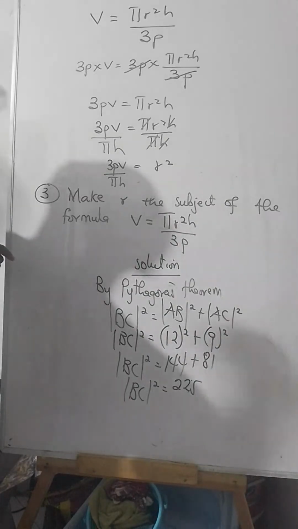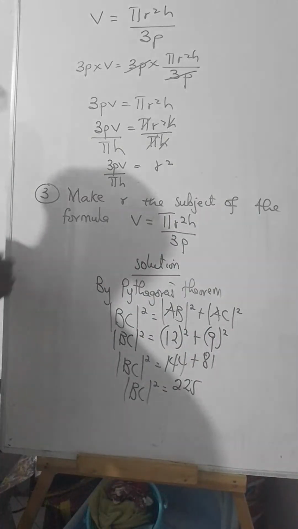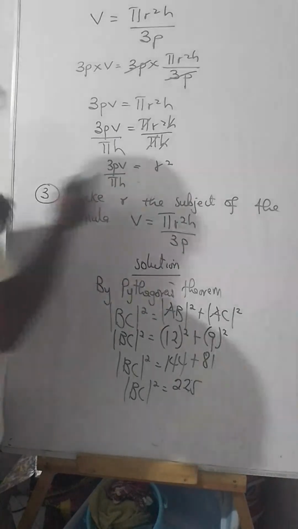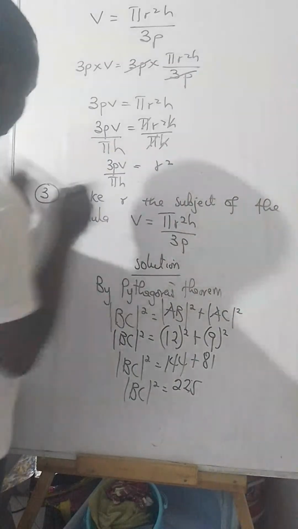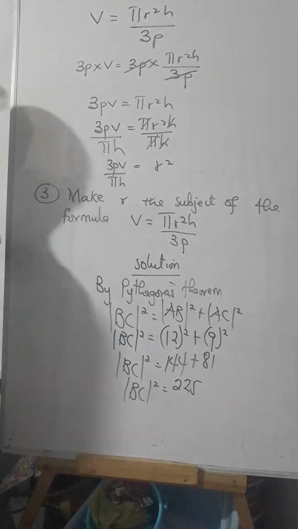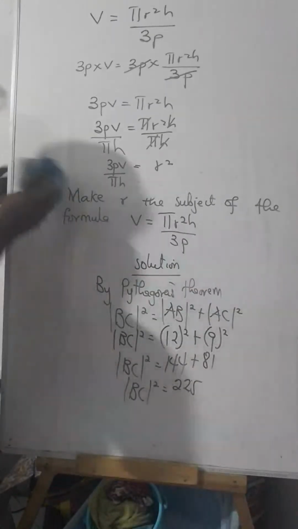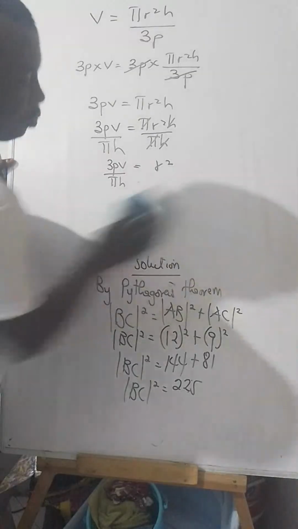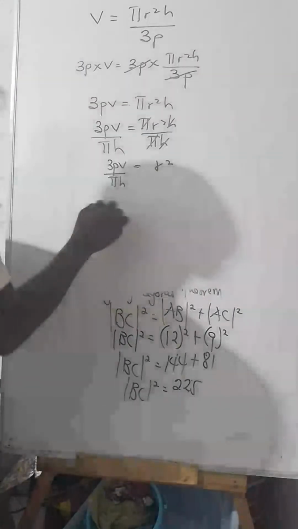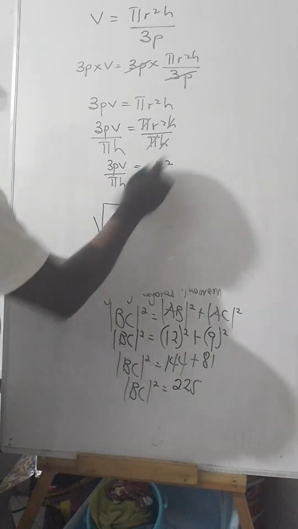So from here, you square root both sides. So you have square root both sides of this square.